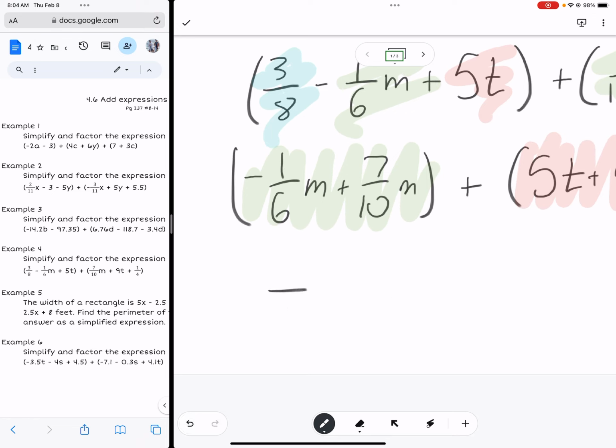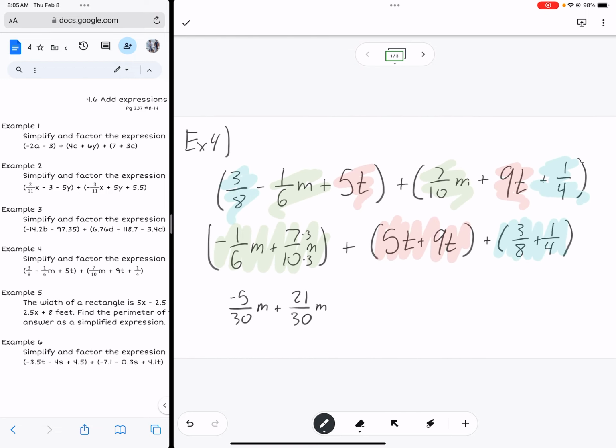You can do 5 times 6. LCD, yeah. And then you have to do it to the top, so it's going to be negative 5 over 30, and then 21 over 30, because you're multiplying by 3, so 7 times 3 is 21.